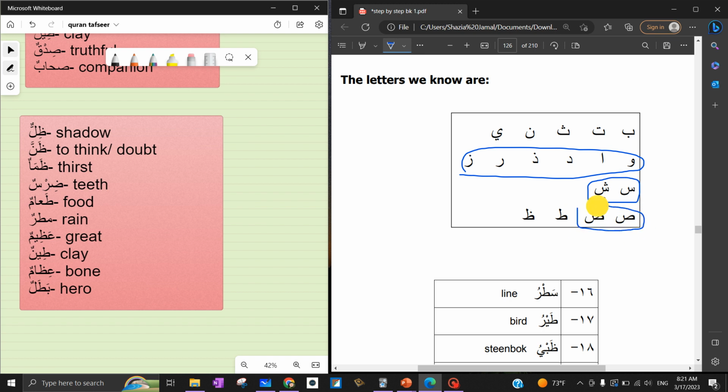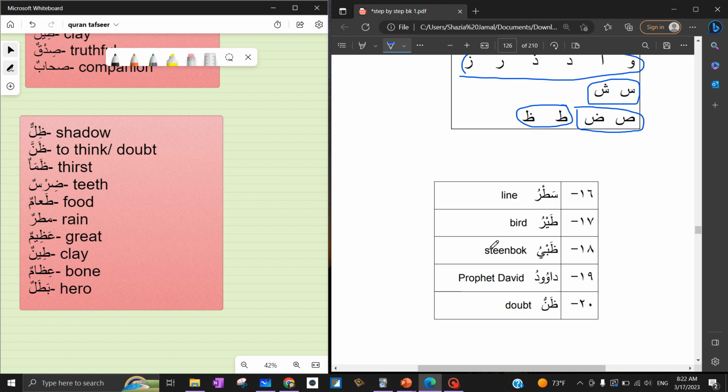These two look alike and these two look alike. So it's easy to memorize Arabic letters like this. The only difference is the dots, in Seen and Dad, Dha, and in Ta and Tha.